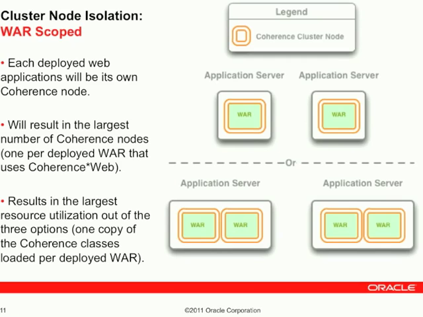So you have to be careful if you're deploying a large number of web applications to an Oracle GlassFish Server, and you're enabling Coherence Web on most of those applications.